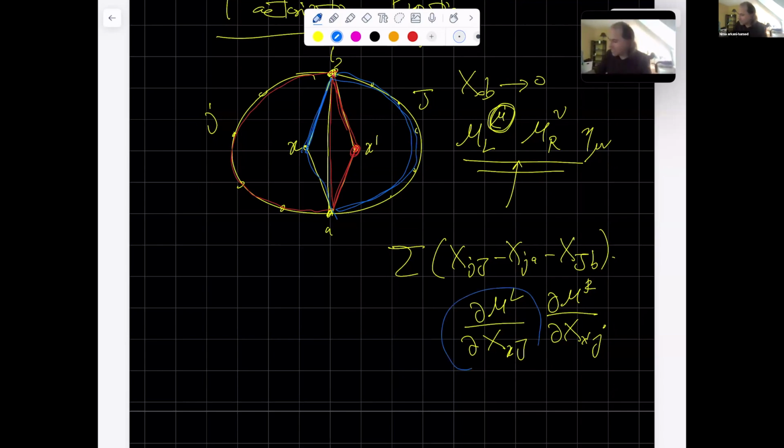Taking the derivatives with respect to the x's is effectively pulling out the dependence on the polarization vectors in the standard language. Okay, so this is what factorization looks like already at tree level in this language.